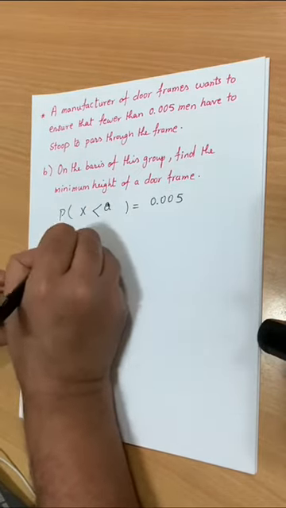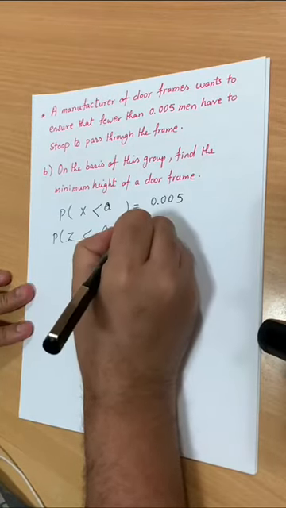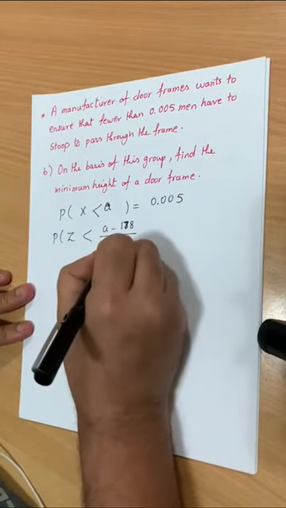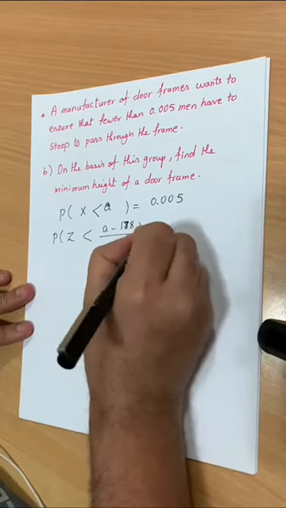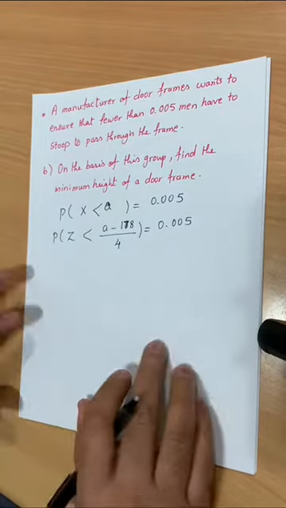So probability of z less than (a minus 178, the value of mu) over sigma, which is 4, equals 0.005. And basically this value is not in the table.